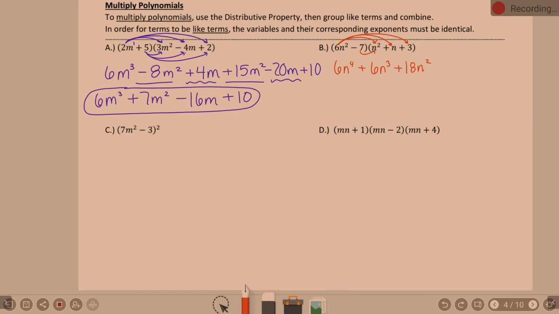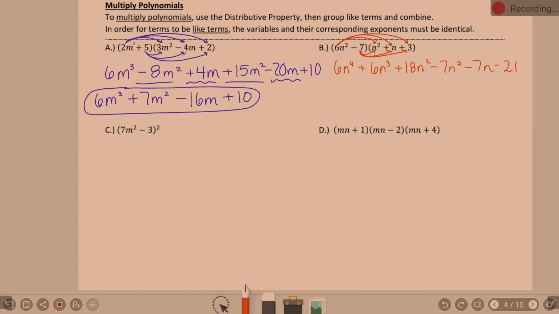-7 times n squared is -7n squared. -7 times n is -7n. -7 times 3 is -21. And do we have any like terms? Yeah.